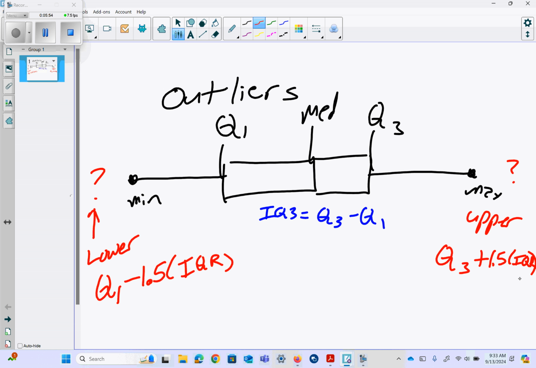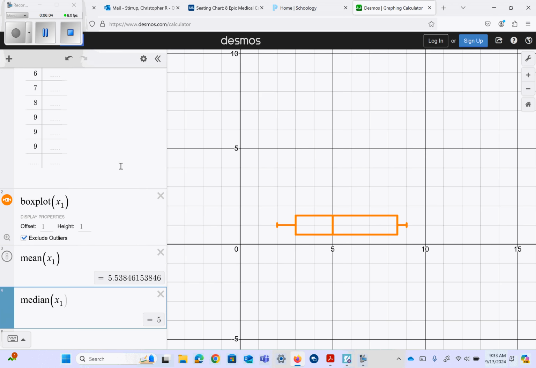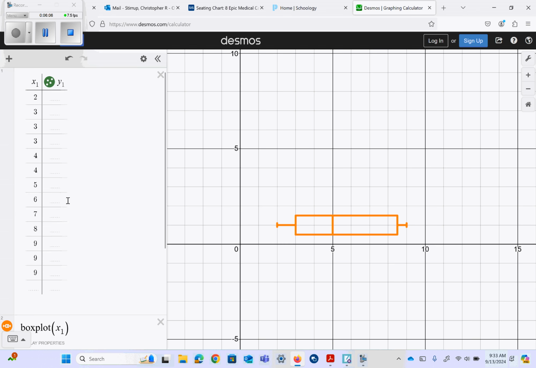So let's put this box plot up so I can figure out what my quartiles would be, because that's not a 5-number summary. So let's get rid of this.